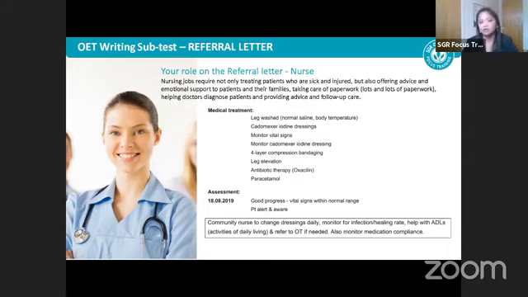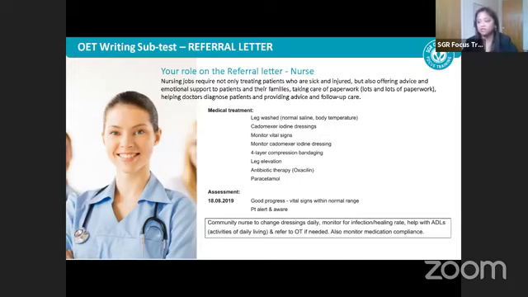So for this particular patient, you've been doing a good job of managing their daily medical needs in the hospital. But even after discharge, your patient requires further care. And this is the reason why you've decided that you need to write a referral letter to another nurse.